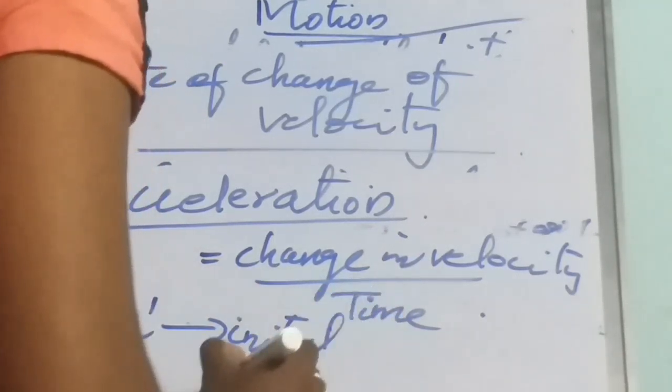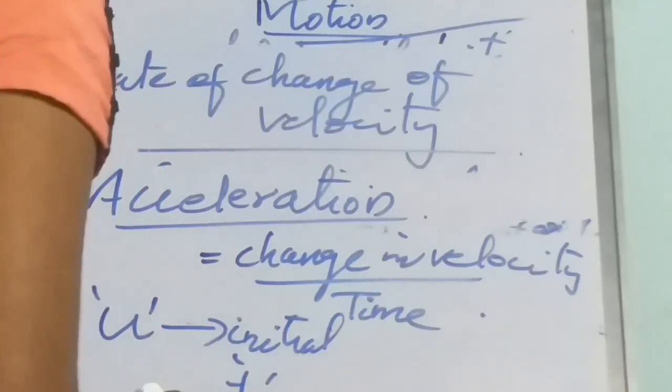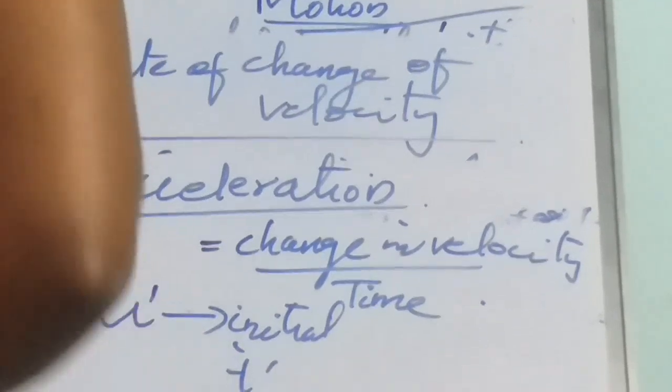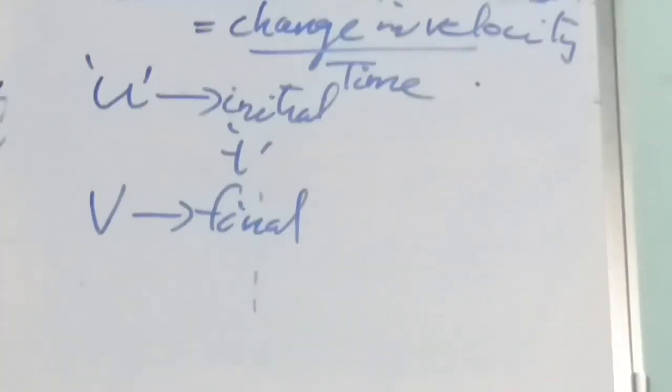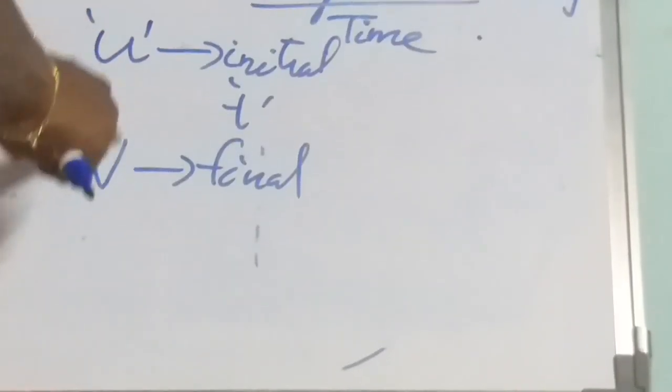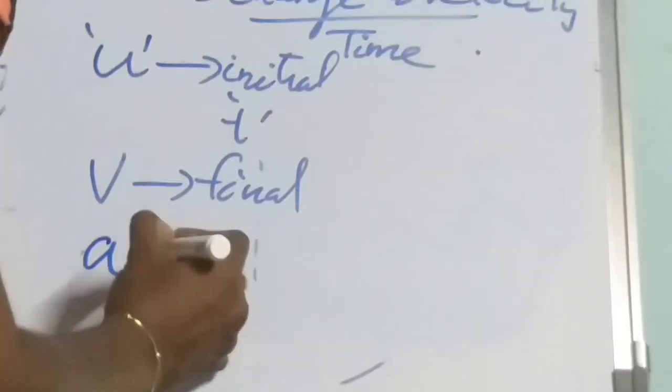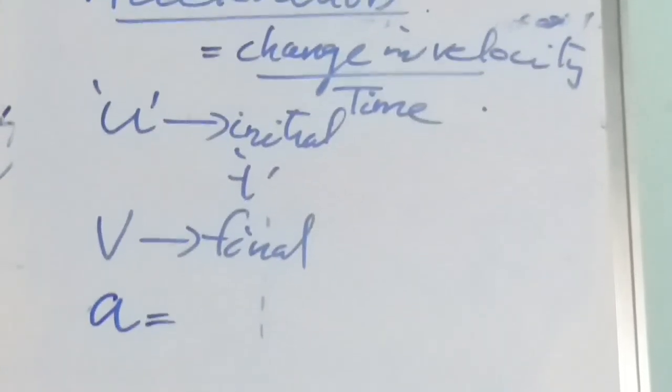Then after a time t, its velocity changes to v, which is the final value. Then the acceleration, represented by a, can be found.